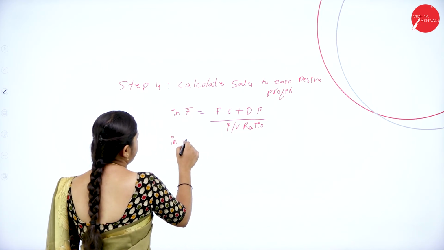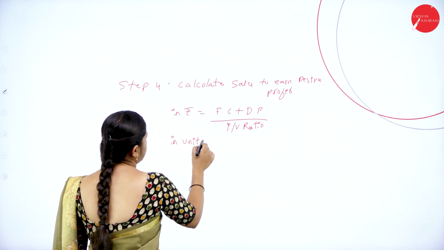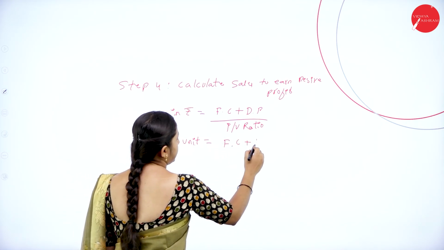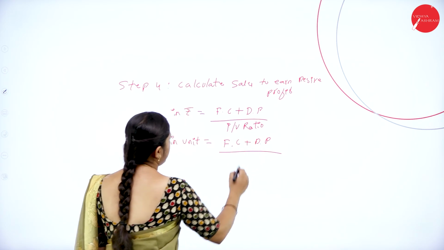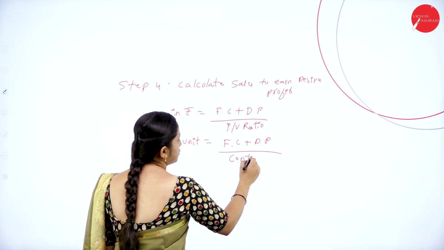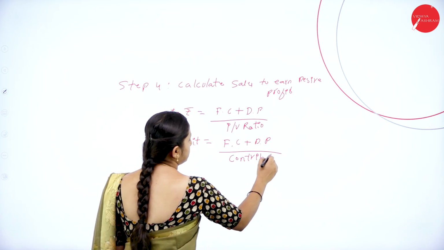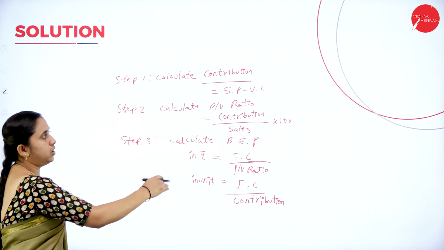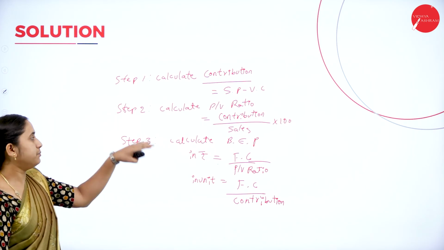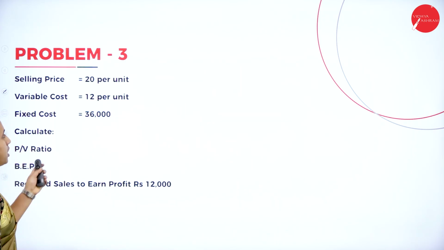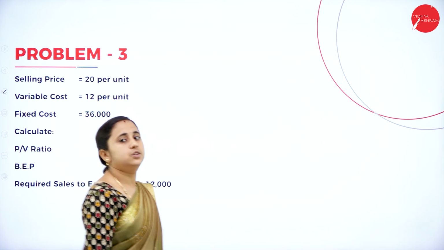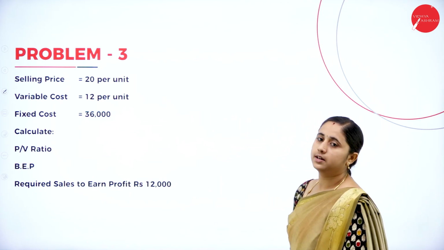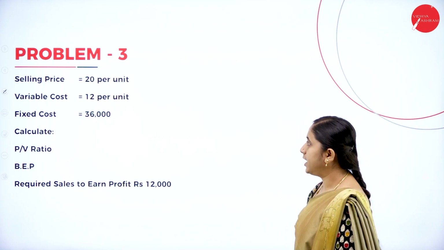In units, it is equal to fixed cost plus desired profit divided by contribution. I have written all the formulas step by step. This problem is homework for you. I will give you the answers also, so you can calculate and check them.